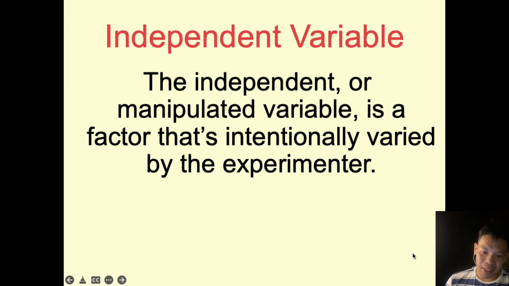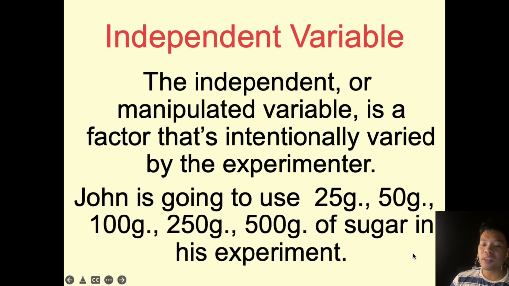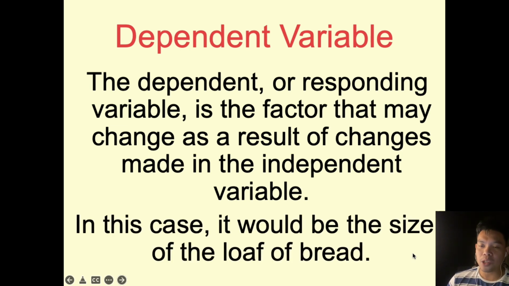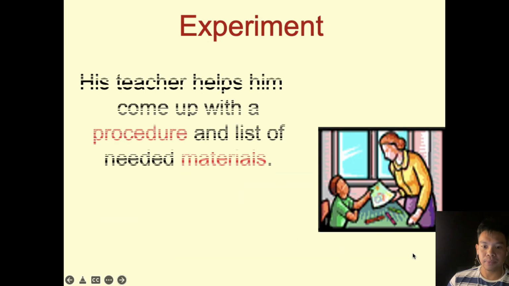For this experiment, he's going to use 25 grams, 50 grams, 100 grams, 250 grams, 500 grams of sugar in his experiment. A dependent variable or responding variable is a factor that may change as a result of changes made in the independent variable. In this case, it would be the size of the loaf of the bread.